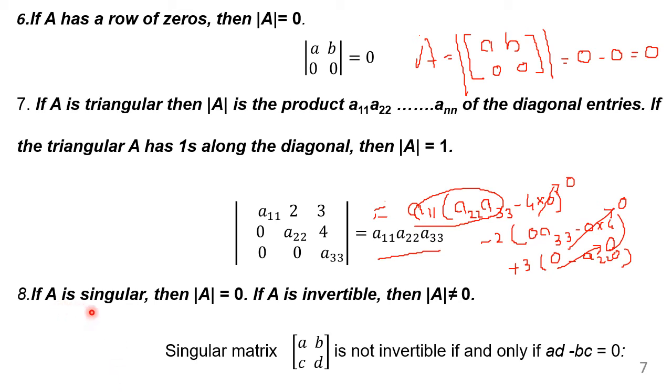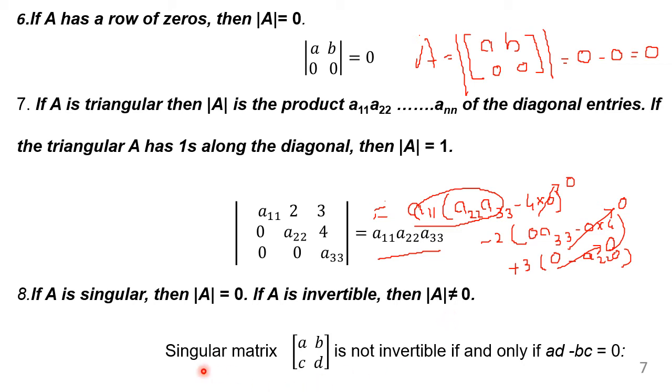Eighth property says that if A is singular, then the determinant of A is 0. If I have to say that a matrix is invertible, I can take an inverse of a matrix. That means the determinant of that matrix should never be equal to 0.